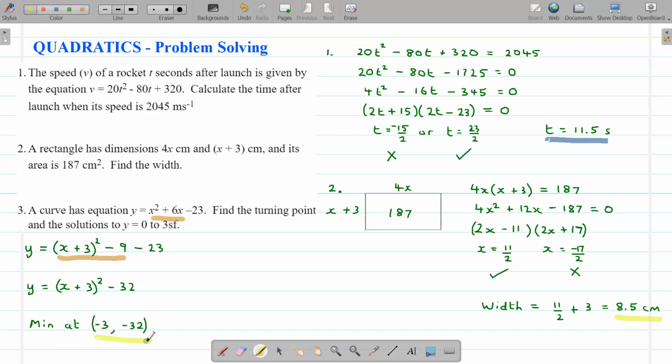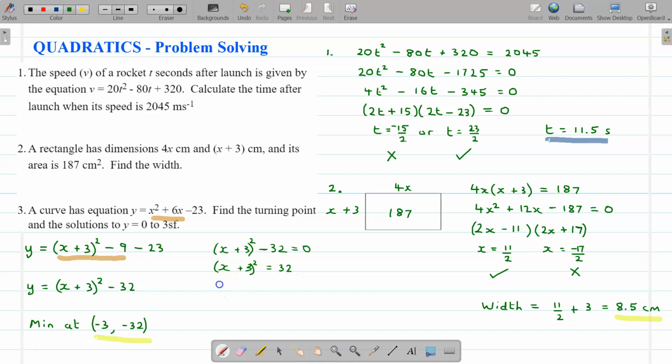Now the second part requires us to solve it, and what I'm going to do is set it to 0. So I'm going to say that x plus 3 squared minus 32 equals 0. Now if I add 32 to both sides, x plus 3 all squared equals 32.